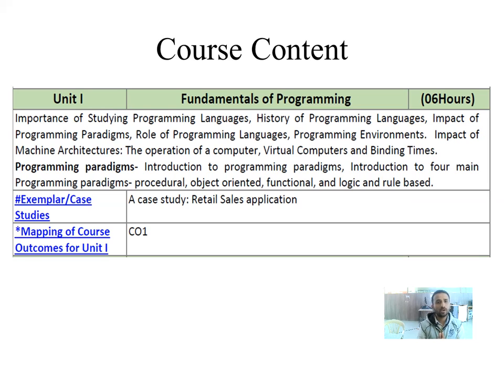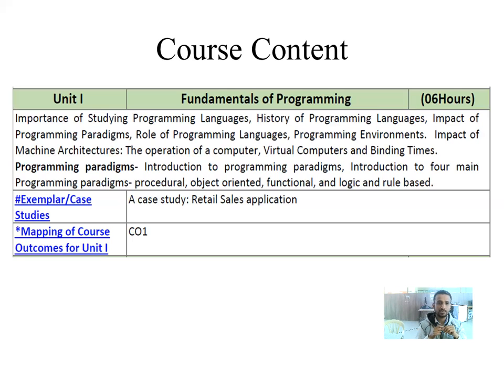Then we have programming paradigms. We are going to elaborate the programming paradigms topic with the help of different subtopics. First we are going to have the introduction to programming paradigms. Then we are going to have the introduction to 4 different types of programming paradigms.